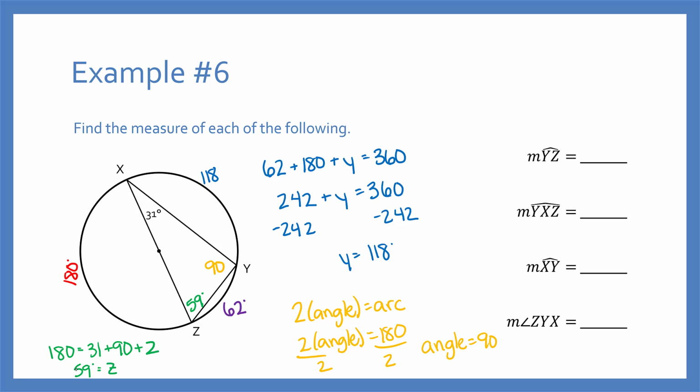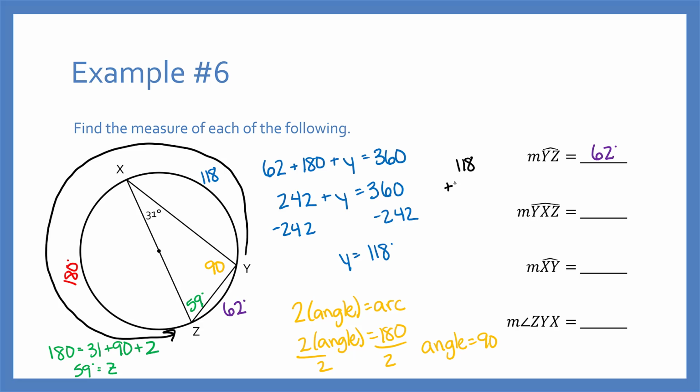Arc YZ, we have 62 degrees. Arc YXZ starts at Y, comes around to X, and then goes to Z. So for YXZ, we have to add the 2 arcs that we cross, 118 and 180. That's 298.